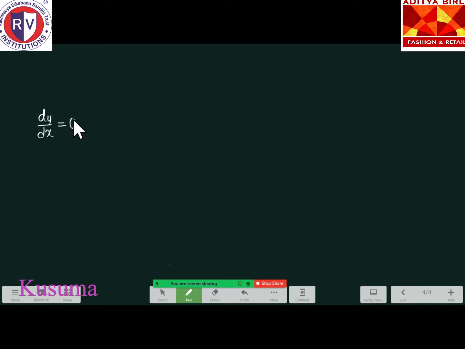At that stationary point, whether the function will be maxima or minima, you can find it out using the second derivative test. What is that second derivative test? Find d2y by dx2, d square y by dx square.